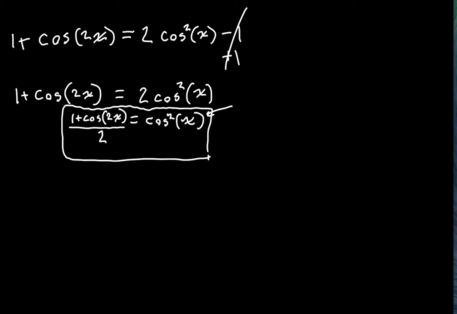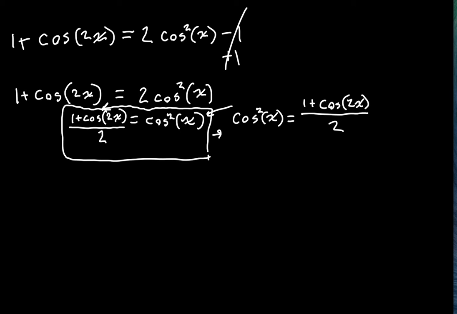Now, since we know cosine squared of x in terms of this lower power trig function, I'm going to find sine squared of x, right? So first I'll write this where cosine squared is on the left. We have that cosine squared of x is equal to (1 plus cosine of 2x) divided by 2.